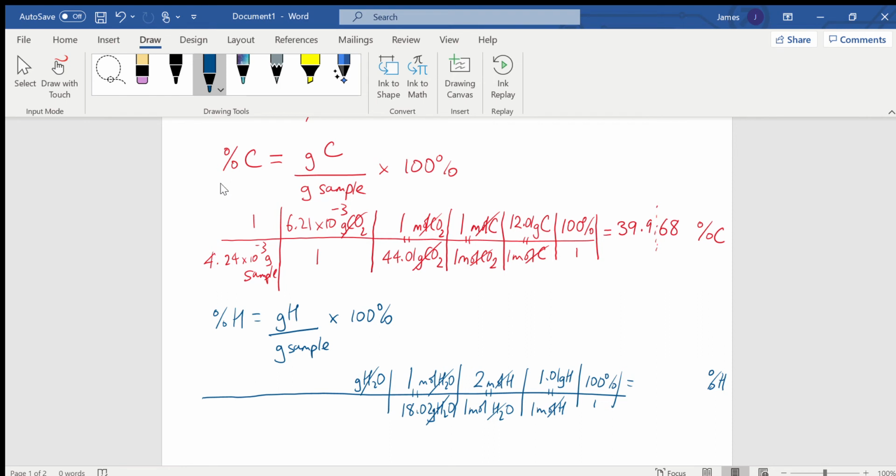Okay, again, I've got to convert my milligram input to grams, so I divide by 1,000. So 2.54 by 10 to the negative 3, that's just my input for my mass of water. And my sample now is 4.24 by 10 to the negative 3 gram sample.